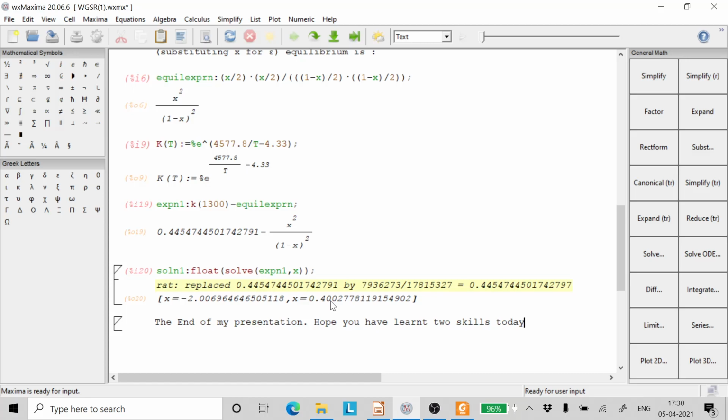One is chemical engineering thermodynamics, and the second one is a motivation to learn computer algebra system wxMaxima.